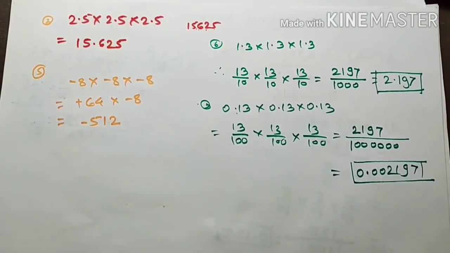Thus, we learned here the cube. If a number is written 3 times and multiplied, then the product is called the cube of the number. And for rational numbers also, we took various types of examples, which may be given in the exam, and you have to solve them. Practice these examples in various ways.